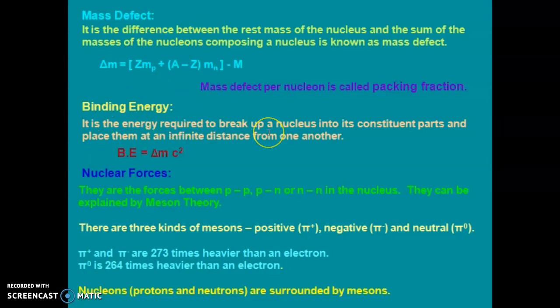It is the energy required to break up a nucleus into its constituent parts and place them at infinite distance from one another. It is basically the energy that keeps protons and neutrons bound in the nucleus. This can be written as BE equals delta m c square.